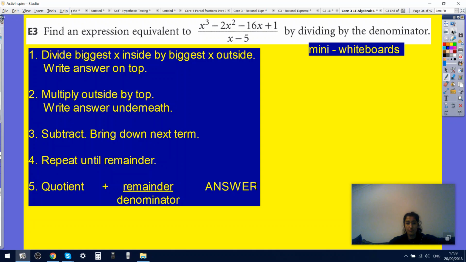x cubed plus x squared plus 2x minus 1 over x squared minus 1. So x cubed divided by x squared is just x.